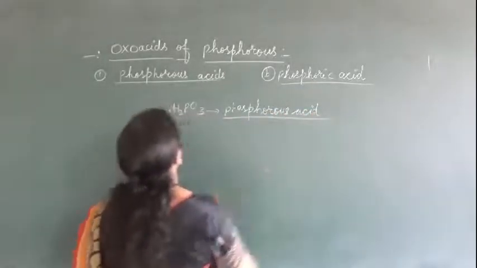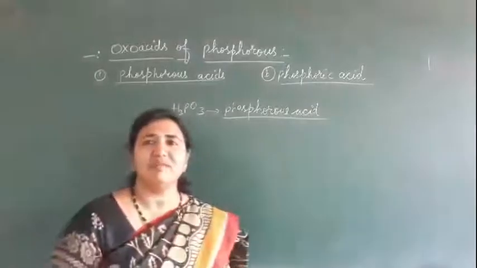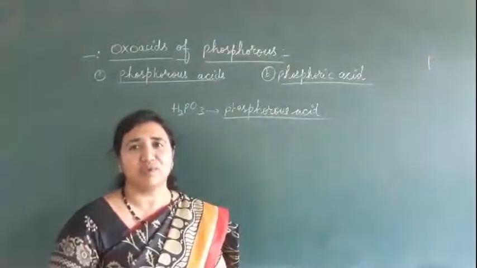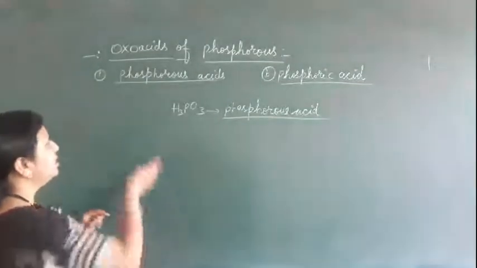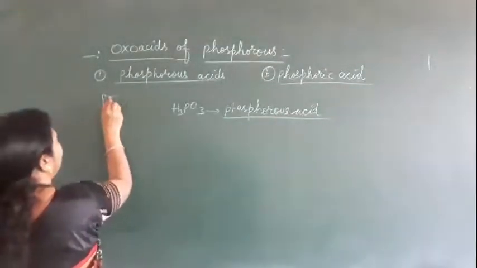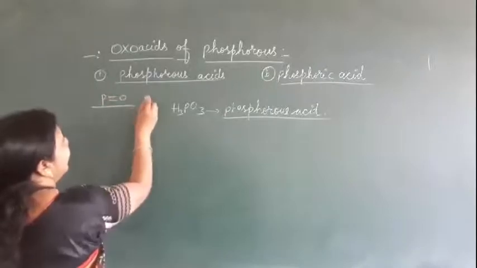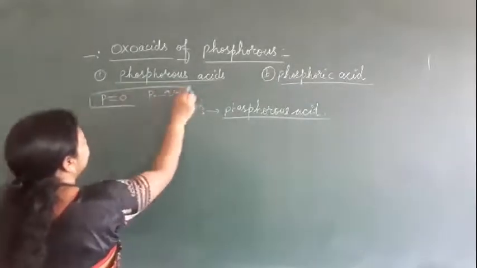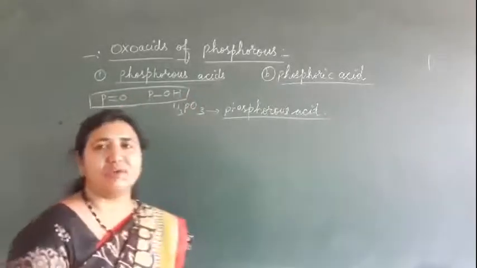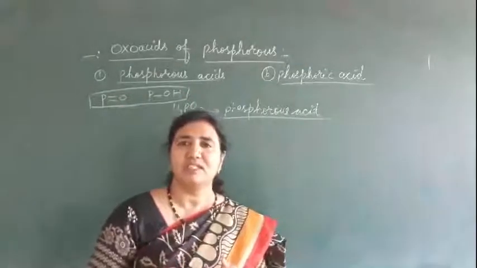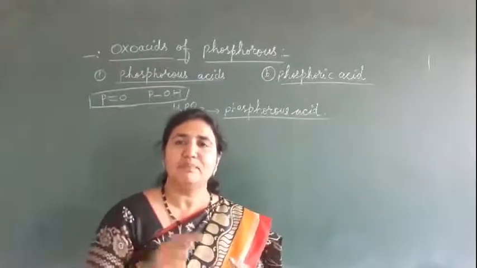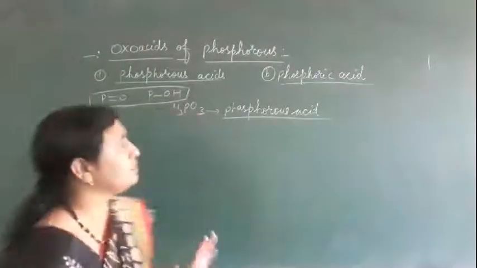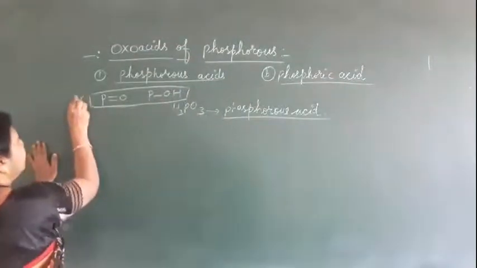Remember, whenever we are drawing the structures of oxo acids of phosphorus, in that structure the P double bond O will be compulsory, and one POH bond. These two bonds will be compulsory in oxo acids. So this point you have to remember.